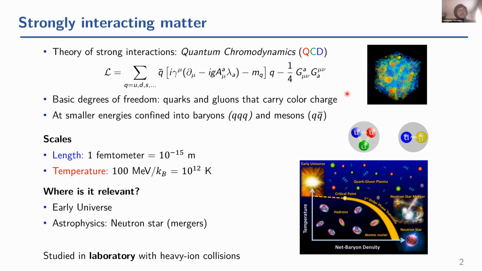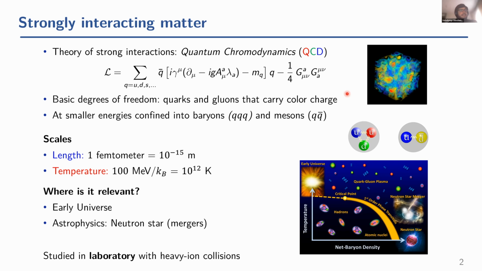The strongly interacting matter, and in particular in excited states, occurs in a number of physical phenomena. For instance, the early universe passed through a phase consisting of essentially a quark-gluon plasma, because we know that in the early stages the universe was very hot, hot enough so that hadrons were melted into their constituents, quarks and gluons.